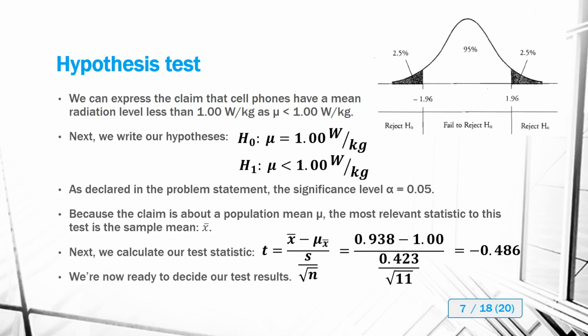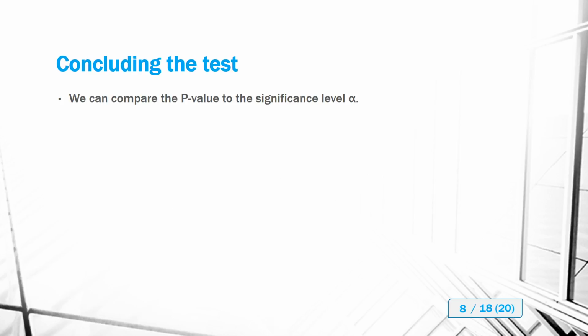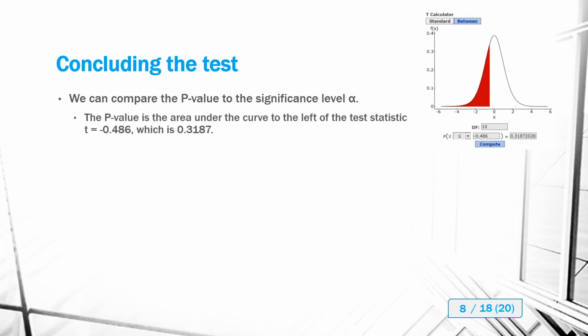We're now ready to determine what our test results are. As we've seen previously, there's two ways we can go about it. The first way is by comparing our p-value to the significance level alpha. So you're comparing two areas together. The p-value is the area under the curve to the left of the test statistic.